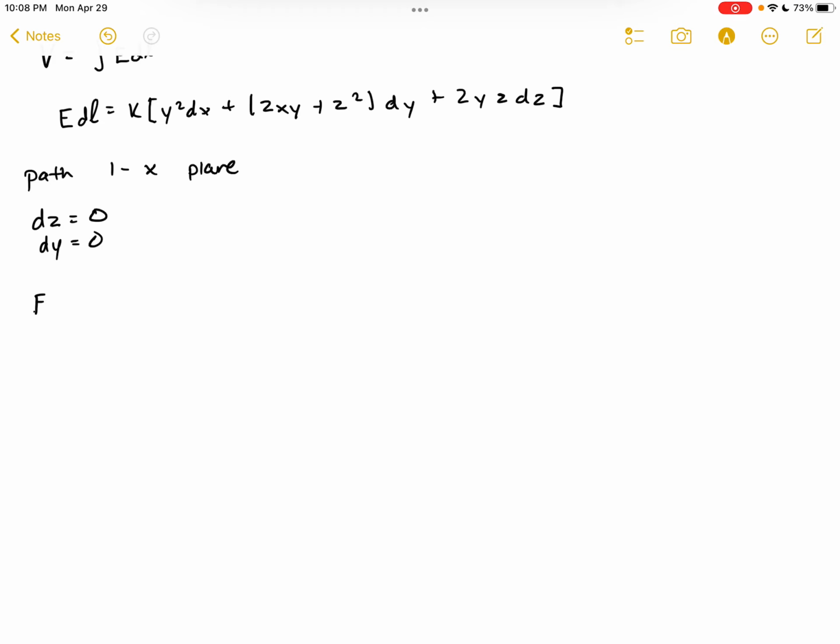So we get E dl is equal to k times y squared dx plus 2xy plus z squared times 0 plus 2yz times 0. This equals k y squared dx. Therefore, it will equal 0.